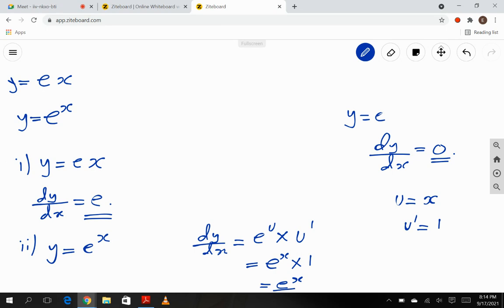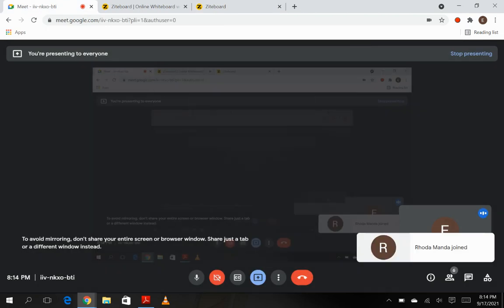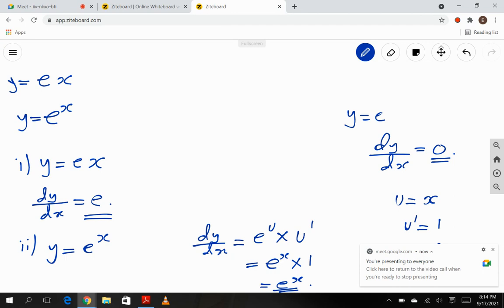That's why they call it a special derivative, because this is one where y is equal to the derivative. These are what we call the special functions, where y is equal to the derivative. That's something you have to take note of.